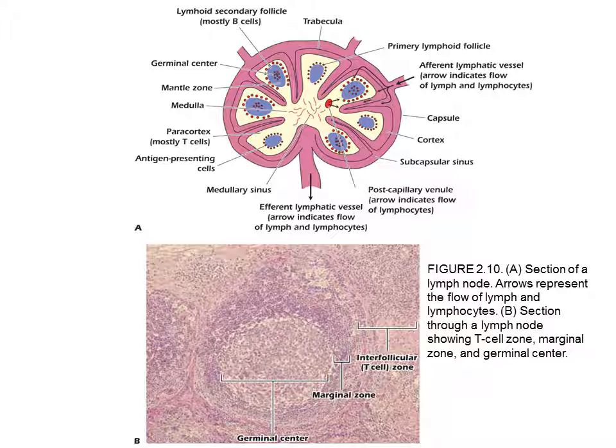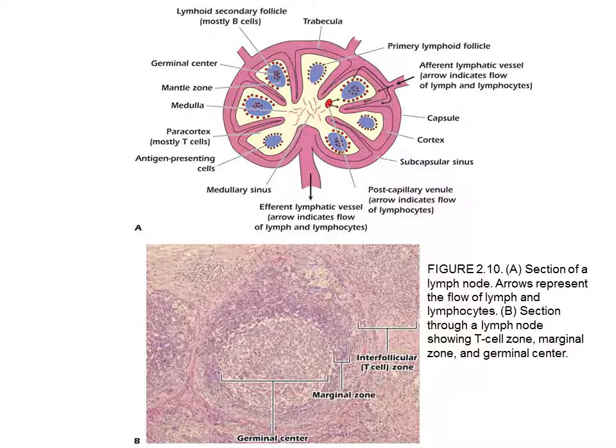Once lymphatics are screened through that, and there is no concern, everything is okay, they will drain through the efferent lymphatic vessel and go, as we discussed earlier, into the general systemic circulation. And why do we need to know about the anatomy of a lymph node?